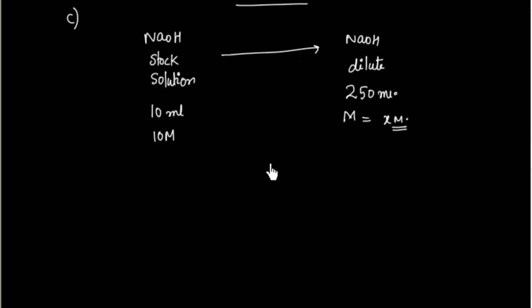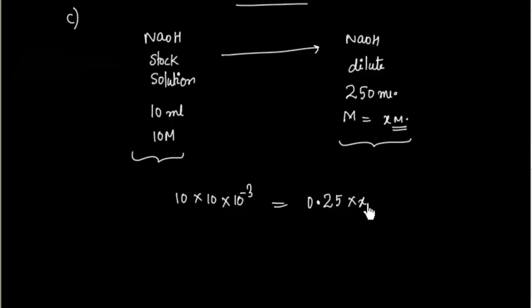So we can find moles of NaOH here, which should equal moles of NaOH there. So here we have 10 into 10, converting milliliter into liter, 10 into 10 to the power minus 3, equals 0.25 liter into x.